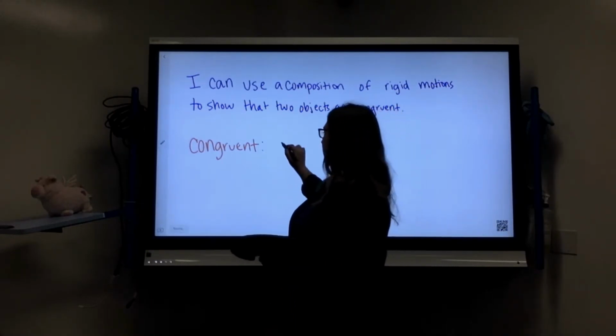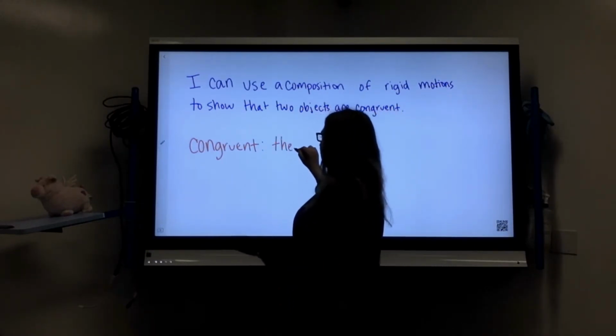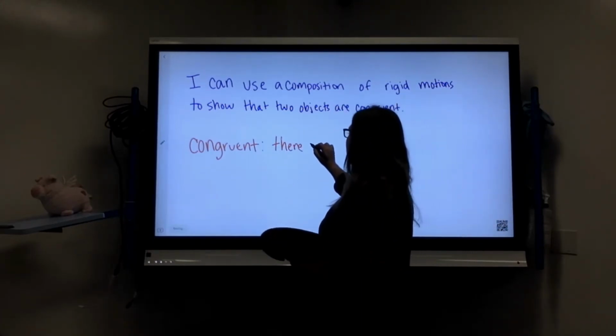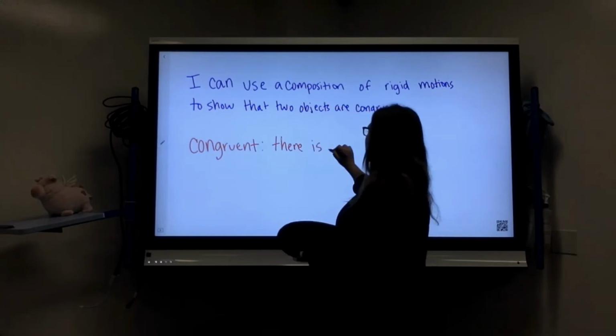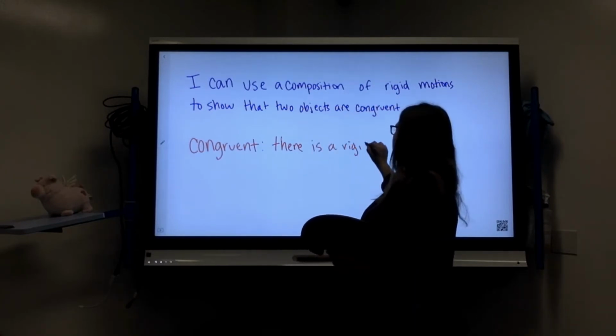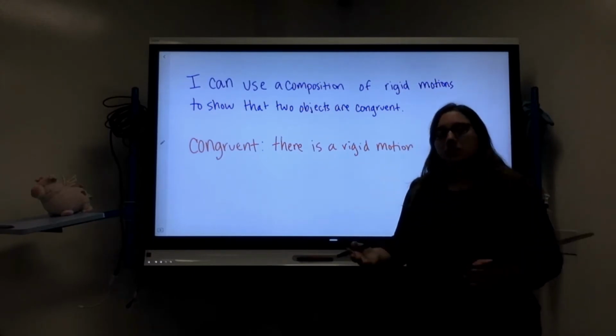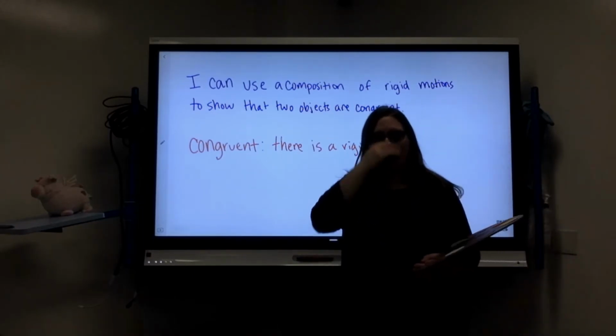In order to be congruent, that means that there is a rigid motion. We talked about rigid motions back in chapter 3.